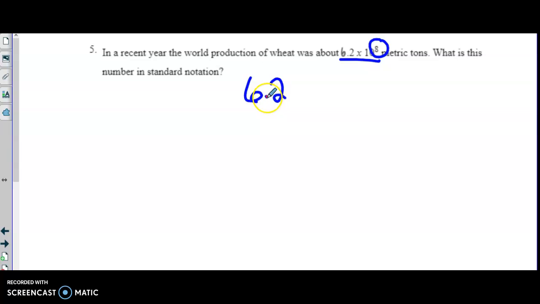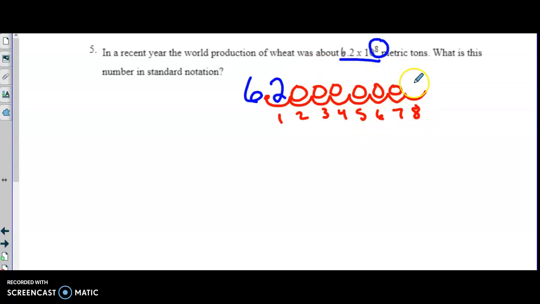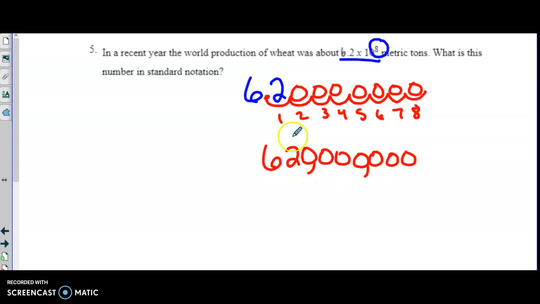I'm going to start where my decimal is, and I'm going to move it 8 times. 1, 2, 3, 4, 5, 6, 7, 8. And in every empty hump, you're going to add a 0, and then you're going to rewrite it. Ooh, that's a lot. So then we put our commas in, and it's 620 million metric tons.